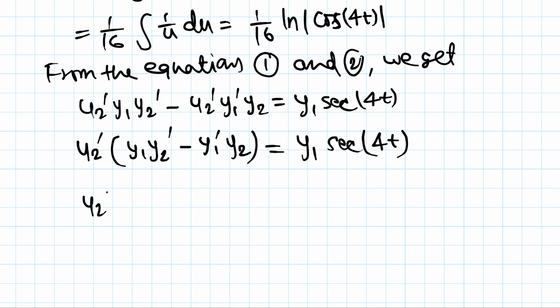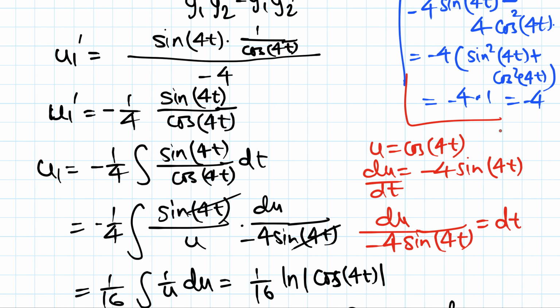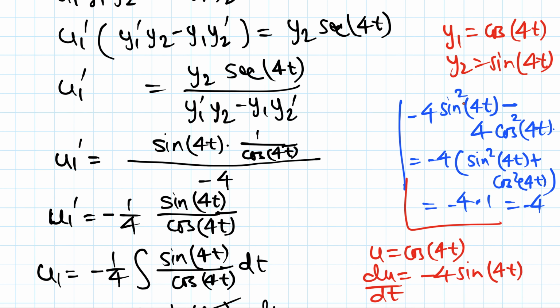Okay, so u2 prime is y1 secant 40 over y1 y2 prime minus y1 prime y2.